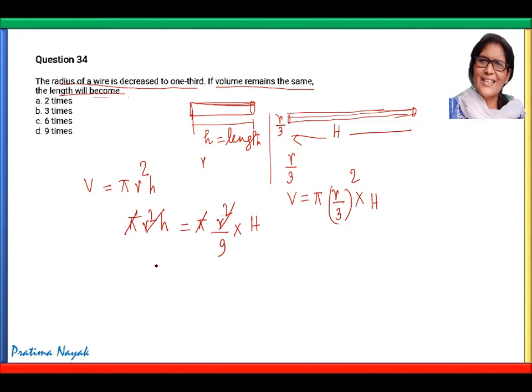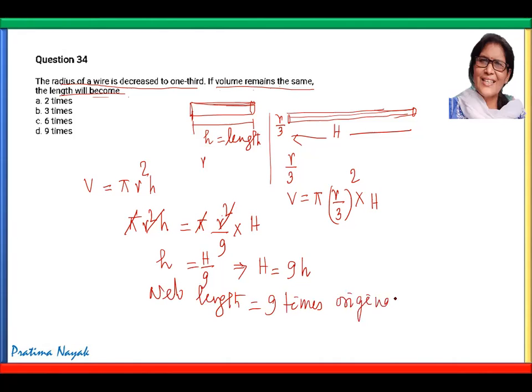So what are you getting? Original small h is equal to new H by 9, or new height is equal to 9 into original height. So the new length is 9 times the original length. Which one will be the answer? The answer will be D.